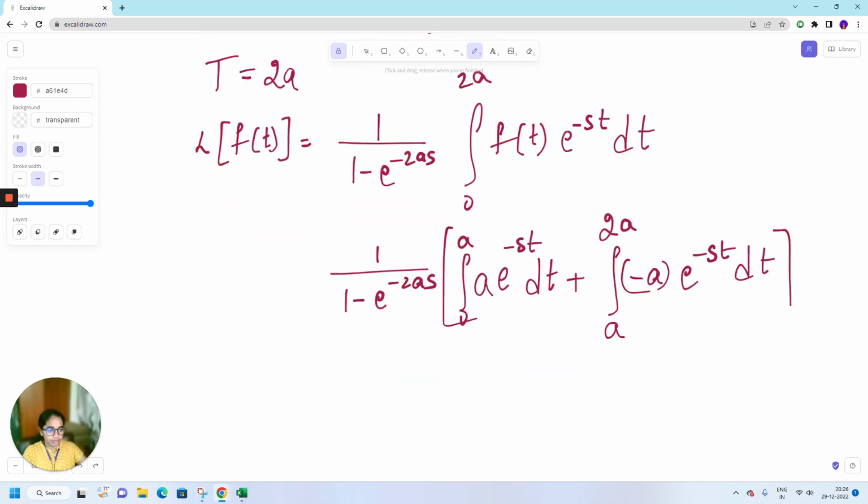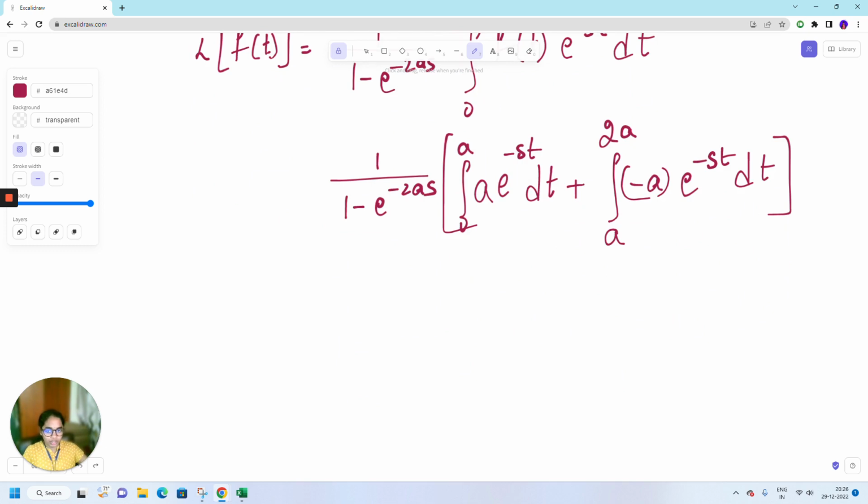Now, in both the integrals, a is common. A is a constant, so I can take it out. So what else is remaining? Write down as it is. Now, what is integration of e power minus st?